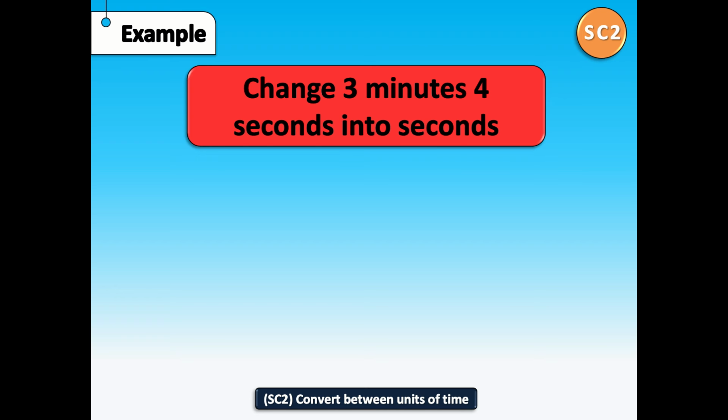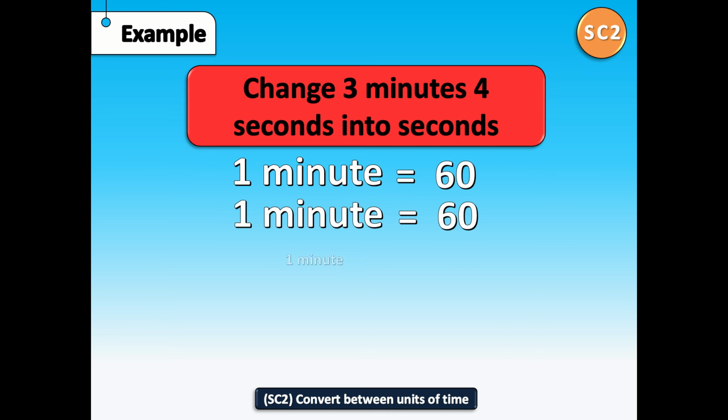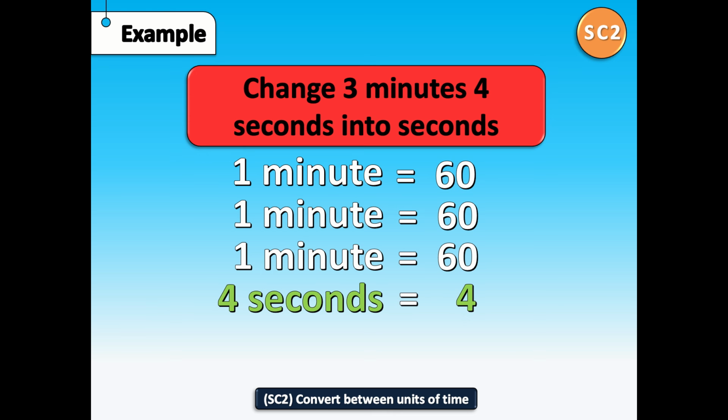This time we want to change 3 minutes and 4 seconds into seconds. Well, we need 3 lots of 60 for 3 minutes, and then we need to add on 4 seconds. So altogether that's 184 seconds.